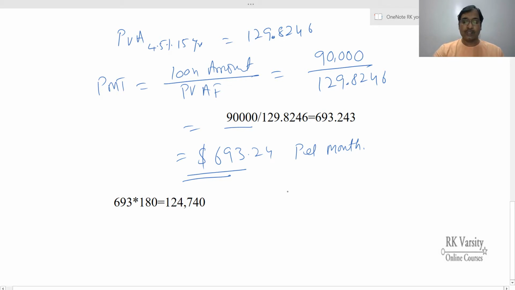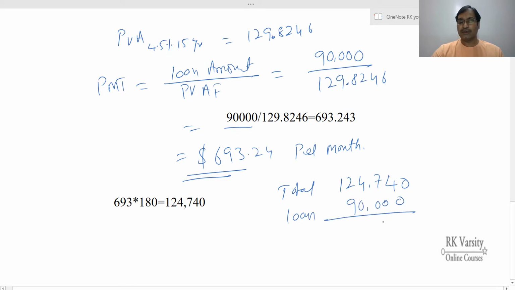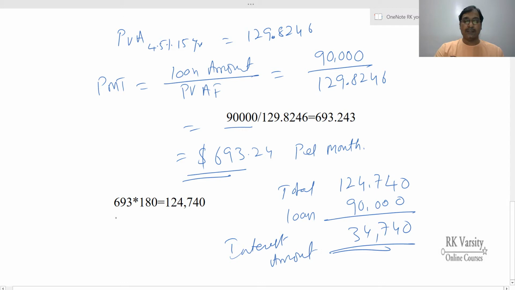So the total amount that you pay is 124,740, whereas your loan is 90,000. So 34,740 is the interest amount that you pay on this loan. This is how, with the help of a present value annuity factor with other compounding periods, you can determine the payment or loan installment. Thank you.